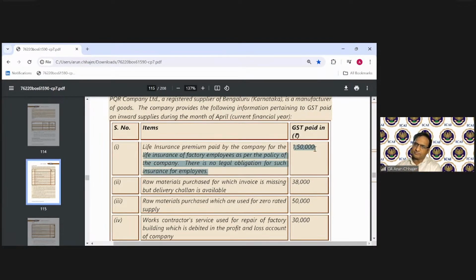Now tell me, simply say yes or no, whether the ITC would be available or not. I request everyone in the chat to kindly give the answer. So ITC would be available or not?